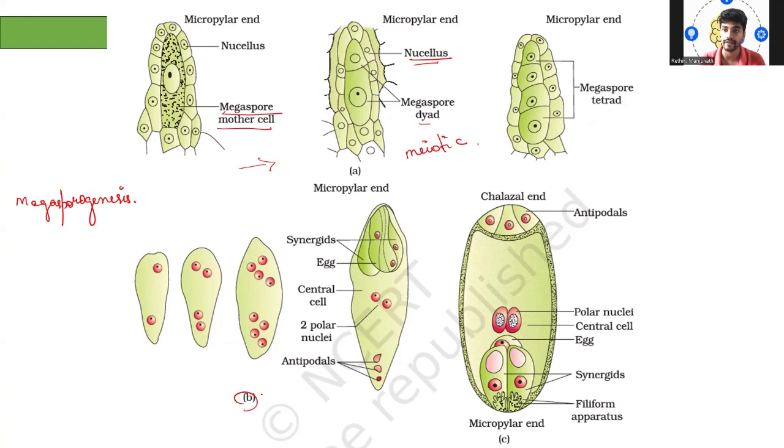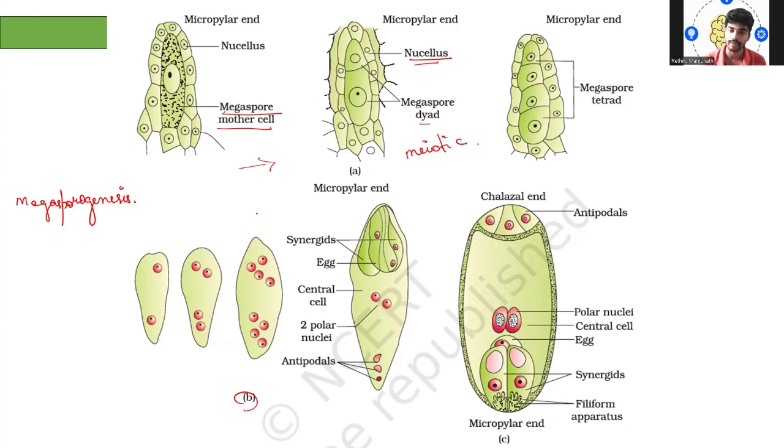In female gametophyte development, in the majority of flowering plants, the tetrad produces four megaspores, of which three are inactive and degenerate, and only one is functional. So only one will be the functional megaspore, which later develops into the female gametophyte or embryo sac.